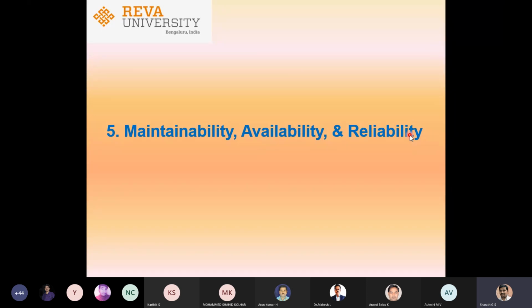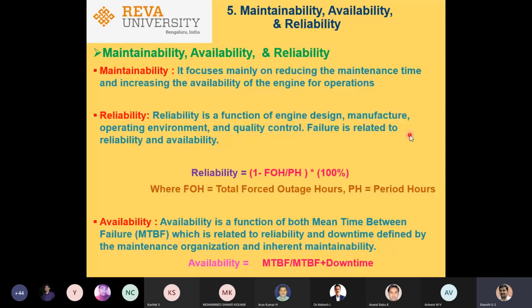And these metrics have been given some formulas, and these formulas have been derived after carrying out extensive research by our predecessors. If you can see over here, maintainability is the ability to maintain the aircraft.